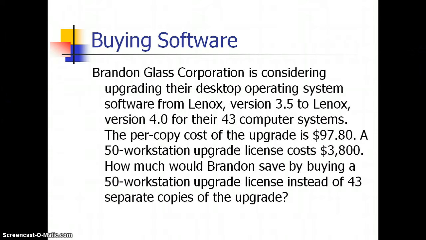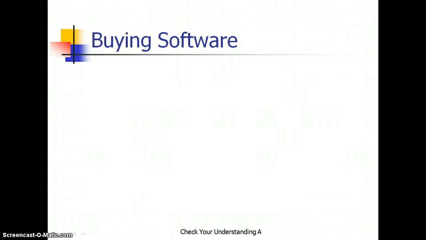So you want to know, how much is he going to save? Easy way to do it: 97.80 times 43 machines is $4,205.40. Whereas you could buy the 50 station license for $3,800. Subtract that, and you know his savings is going to be $405.40. Easy enough with these.